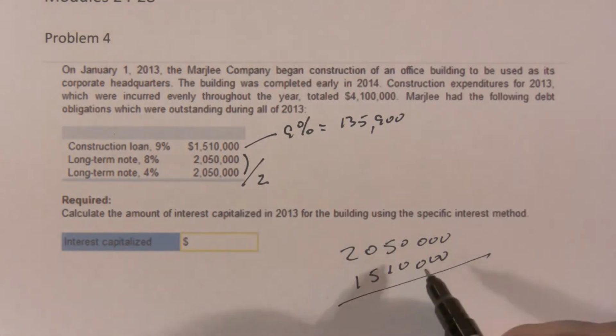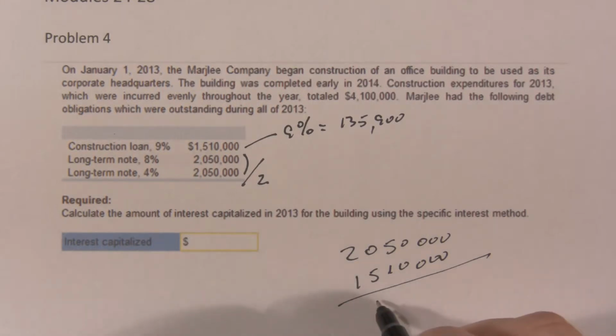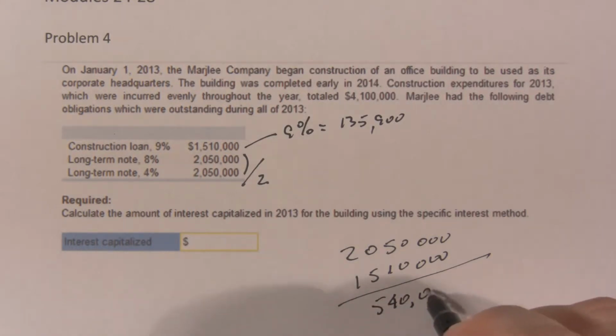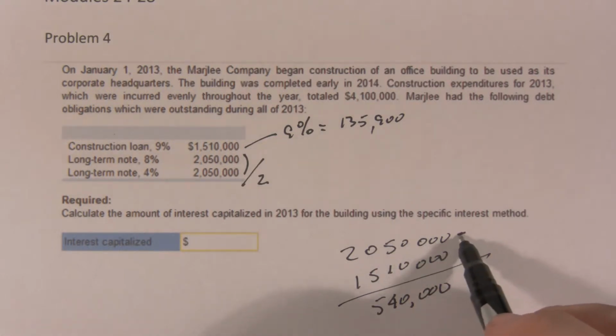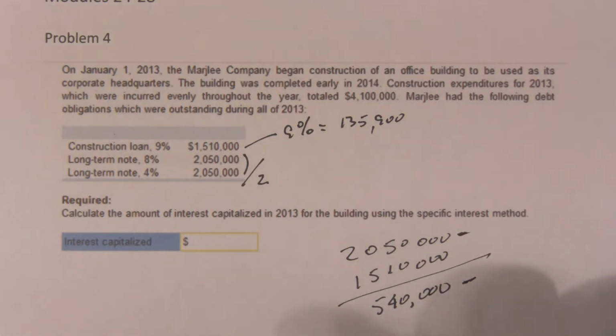So specifically, we're going to subtract that, and we're going to say $540,000 is the amount of the average interest that we can apply to this building.